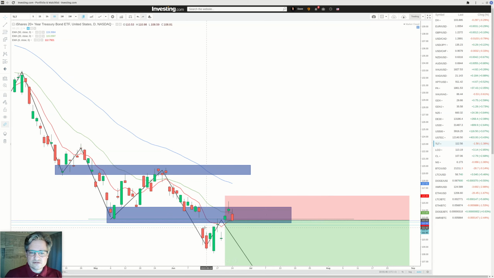I figured the retest was already here on this area, and then we had a move lower, and I decided to place an entry right here at the low of this swing, so this swing low here, and we just went past it, and now we saw a pin bar here and a nice bearish candle.